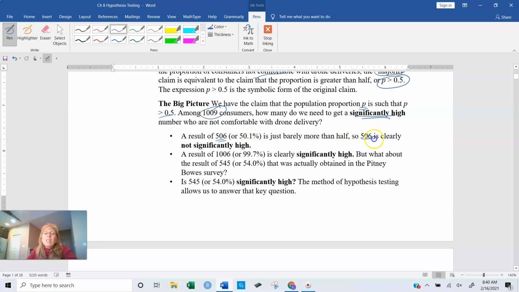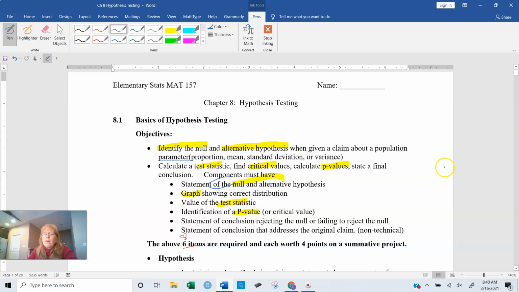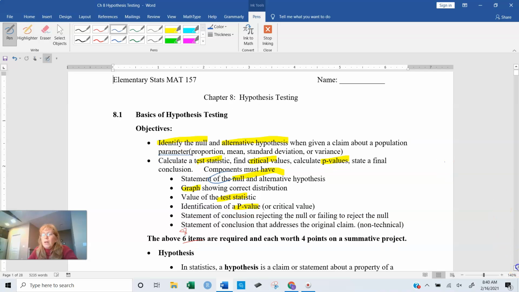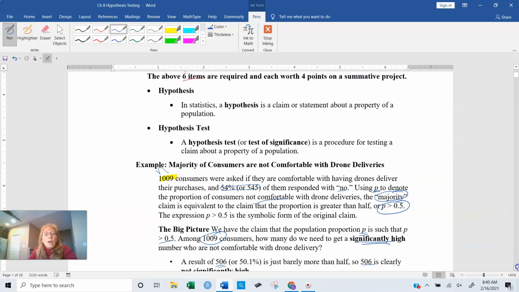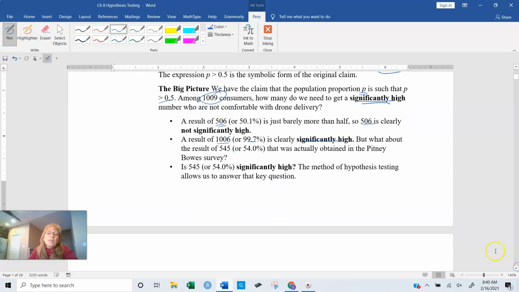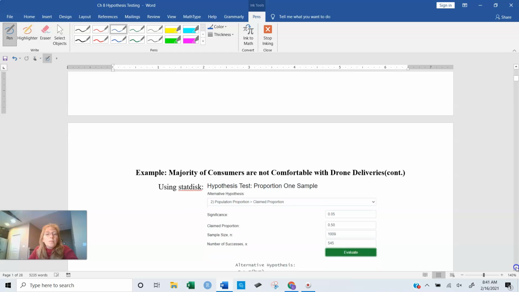So 506 is clearly not good enough, right? If we had 1,006, that's 99%. That's really significant. What about this 54% that we have? Is it significant or not? It's too close just to tell. So we have to do hypothesis testing.